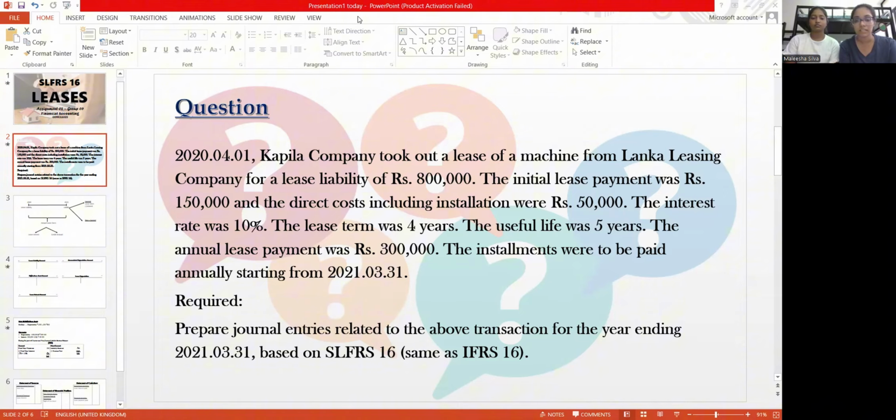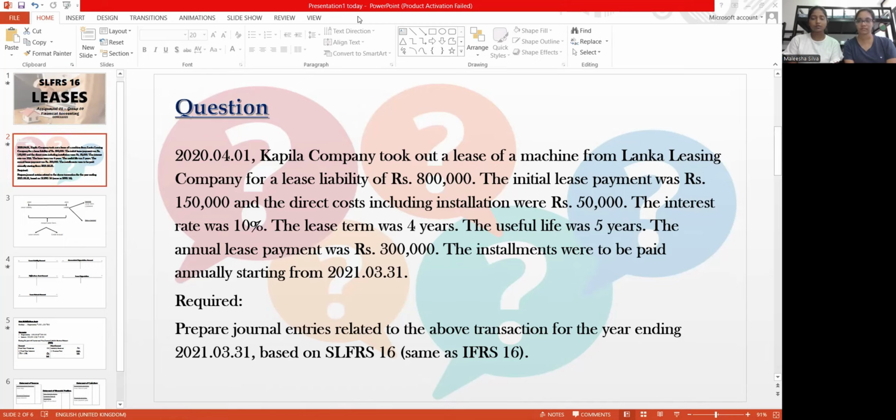Required: prepare journal entries related to the above transaction for the year ending 31st of March 2021 based on SLFRS 16. If we recap this question, on 1st of April 2020, Kapila Company took a lease of a machine. Lease liability 8 lakhs. Initial lease payment 150,000 rupees.